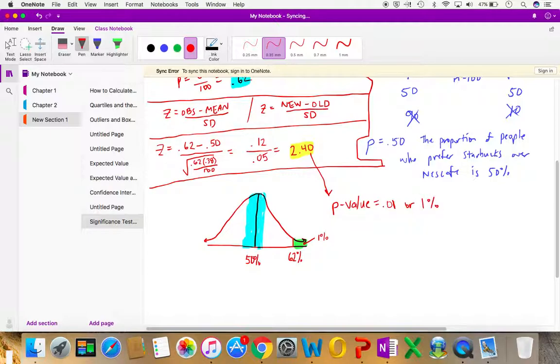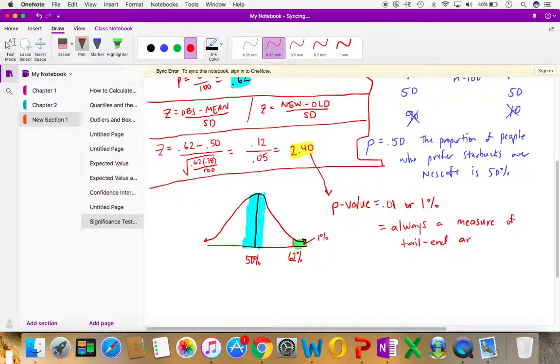Okay, and you're probably asking, well, why do we use the 1% and not the 99%? P-value, I'm going to say, is always a measure of tail end area.